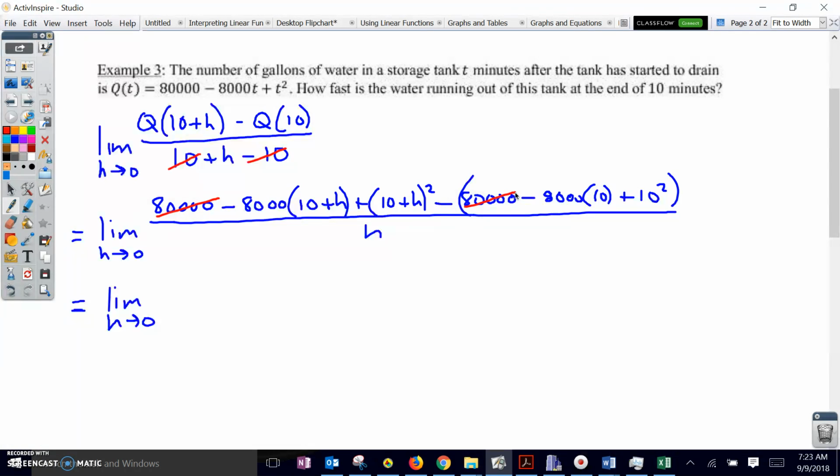Those are going to cancel each other out. When I distribute here, then I've got negative 80,000 minus 8,000h plus 100 plus 20h plus h squared minus the quantity negative 80,000 plus 100.